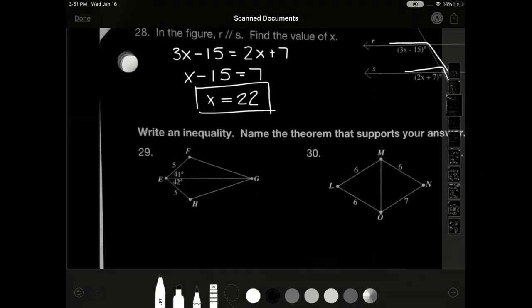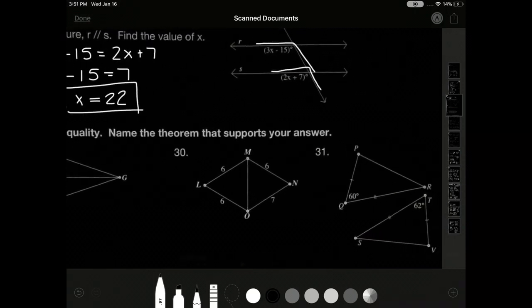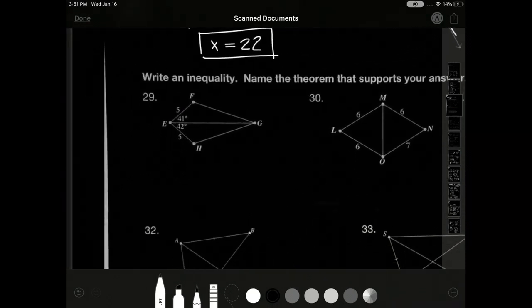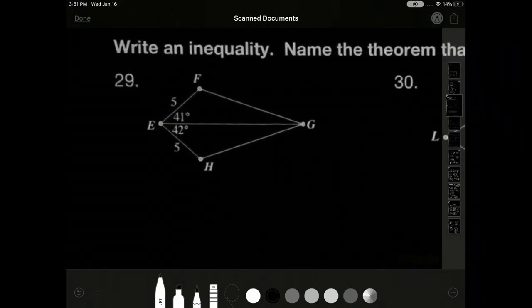For the next section, it says to write an inequality and name the theorem that supports your answer. So here we have sides that are congruent, and then by reflexive property, other sides that are congruent. And so what we're looking at is the angle measure. So we have a 41-degree angle measure and we have a 42-degree angle measure. Okay, now opposite 41 is side FG.